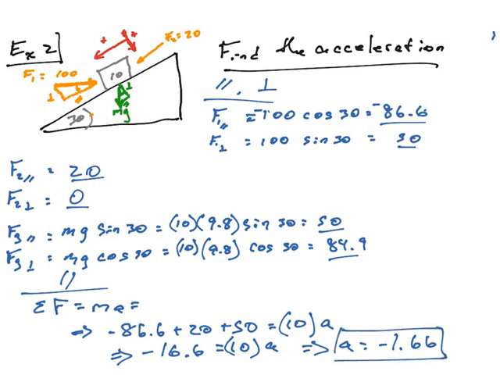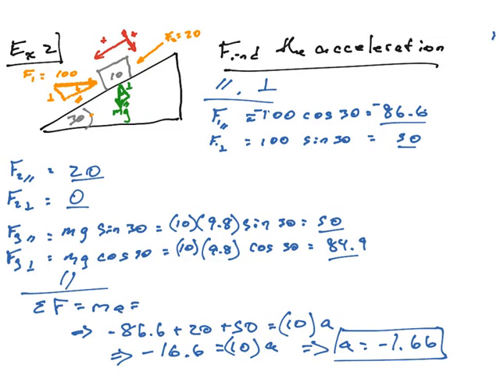I got a negative answer. Is this okay, or does that mean I did something wrong? Both. It's wrong only in the sense that when I originally chose my directions, which way should be positive, I chose the wrong direction to be positive. At least wrong in the sense that if I want a positive answer at the end, I chose it wrong because I got a negative answer.